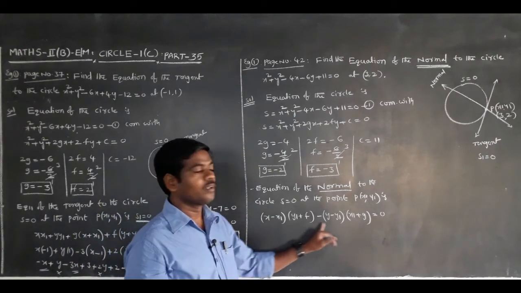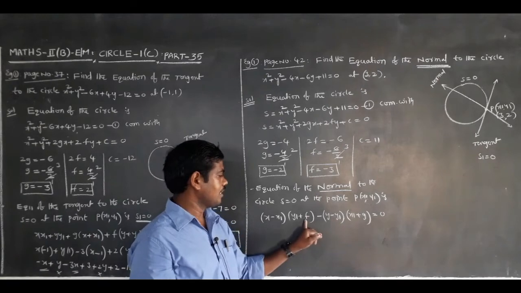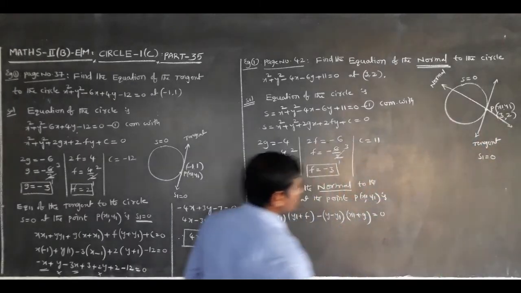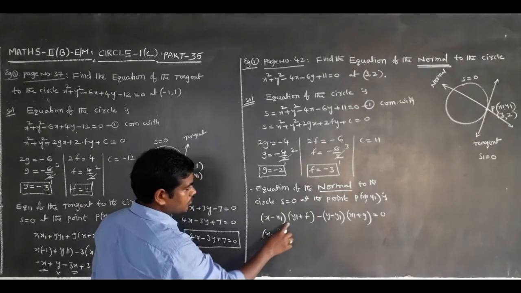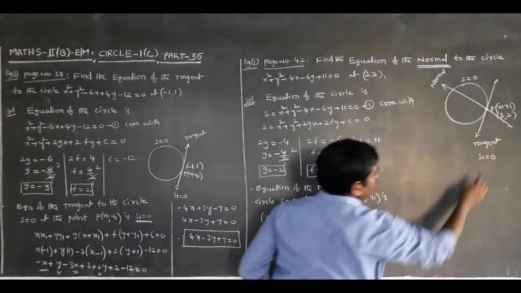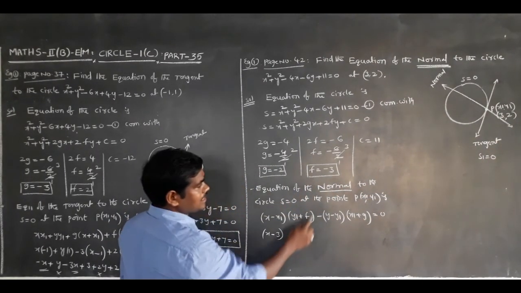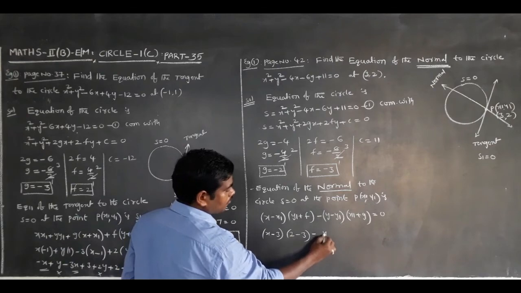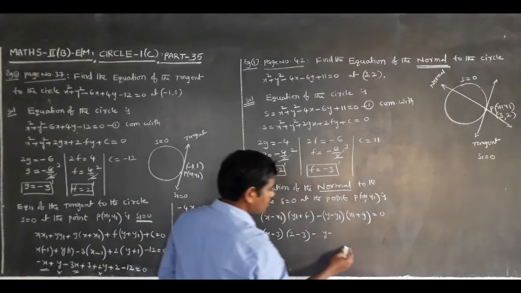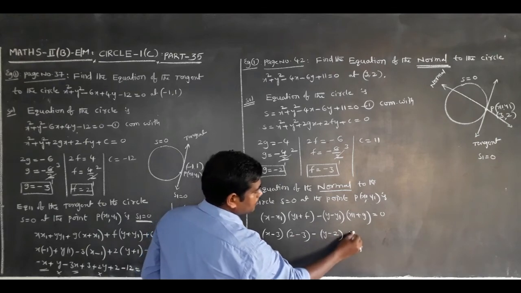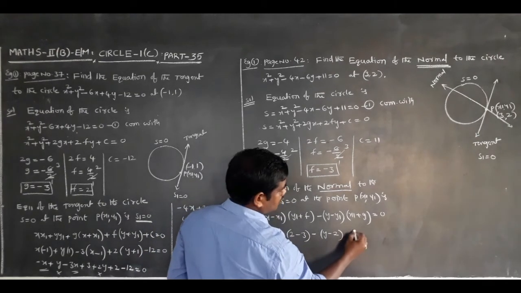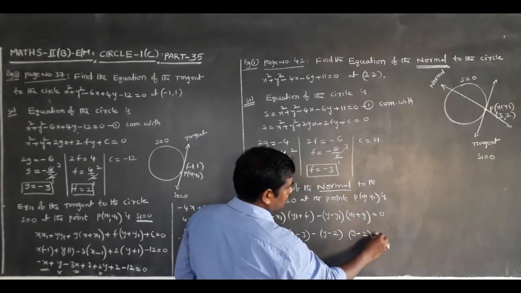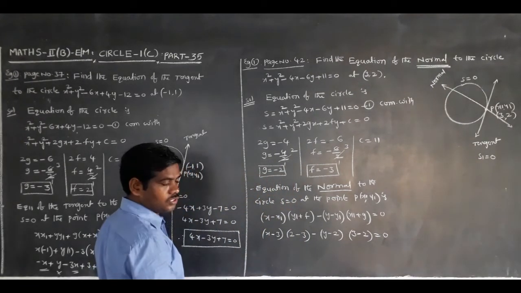Substitute x1, y1, g, f values. (x minus x1), x1 is equal to 3, into (y1, y1 is equal to 2, plus f, f is equal to minus 3), minus (y minus y1, y1 is equal to 2) into (x1, x1 is equal to 3, plus g, g is equal to minus 2) is equal to 0.